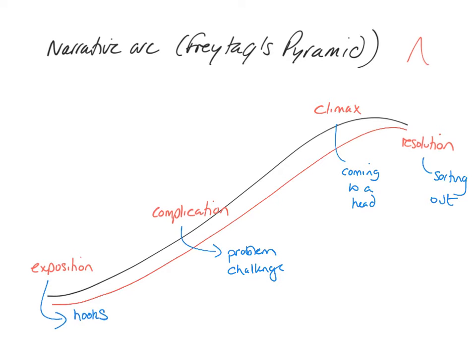Now, in this question, you're not going to explain those terms. Take it that your examiner, your reader, is really familiar with Freytag's pyramid, with the idea of a narrative arc. So you don't want to start saying, as this is taken from the start of a novel, this will contain exposition. Exposition is the process of. No, you don't want to do that.